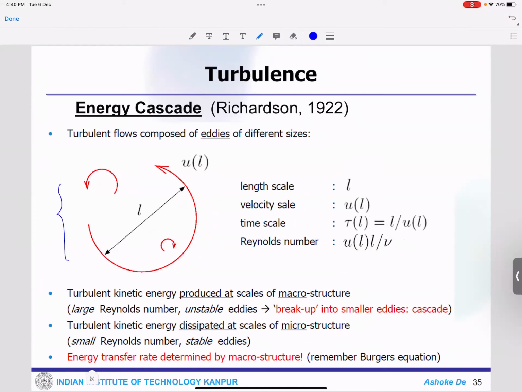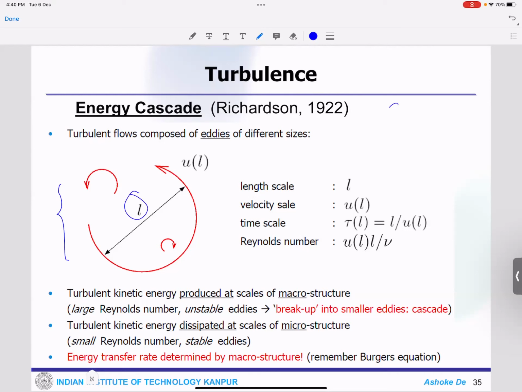And the large eddies, where they are formed, the macro structures, are dependent on the geometry. If you have a large diameter pipe, the flow coming out of that pipe is going to create a large scale structure of the order of the diameter of that pipe. And the large structure which comes out of a smaller diameter pipe has a smaller maximum eddy size. So this is the characteristic length which represents that.